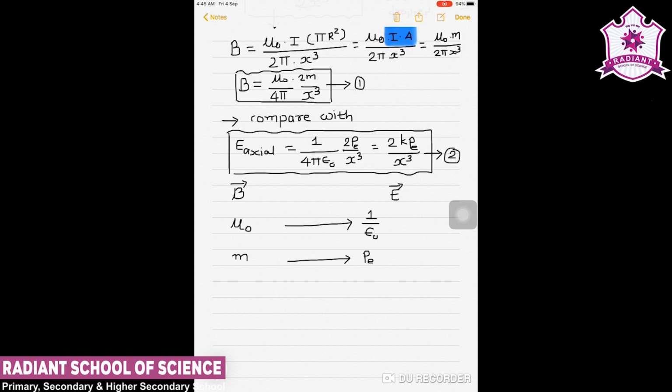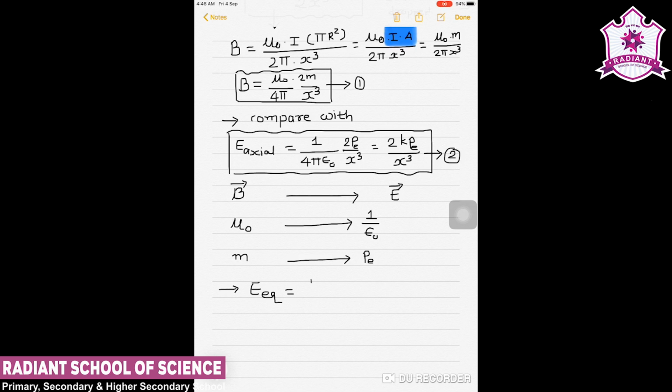Then if the magnetic field B is there, we can have electric field E as here, and therefore it is very well comparable to the equation that we have already derived in our chapter 1. Now in chapter 1 we also derived the electric field on the equatorial line, and that was what?